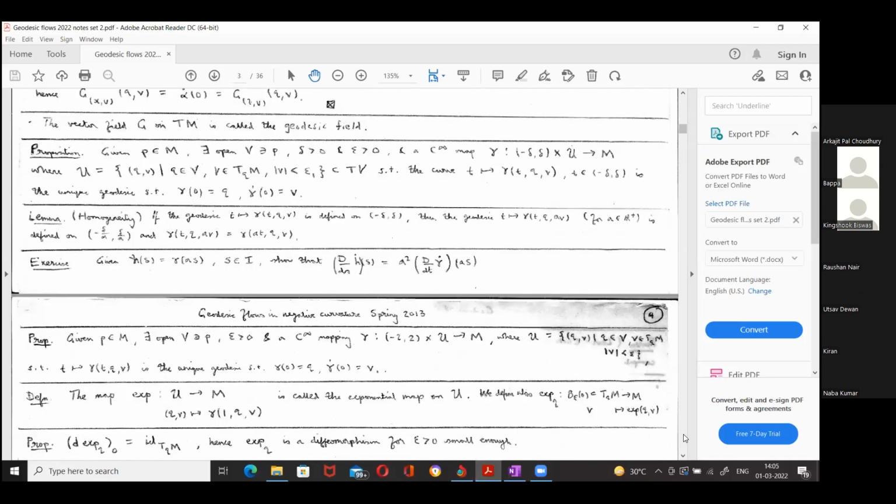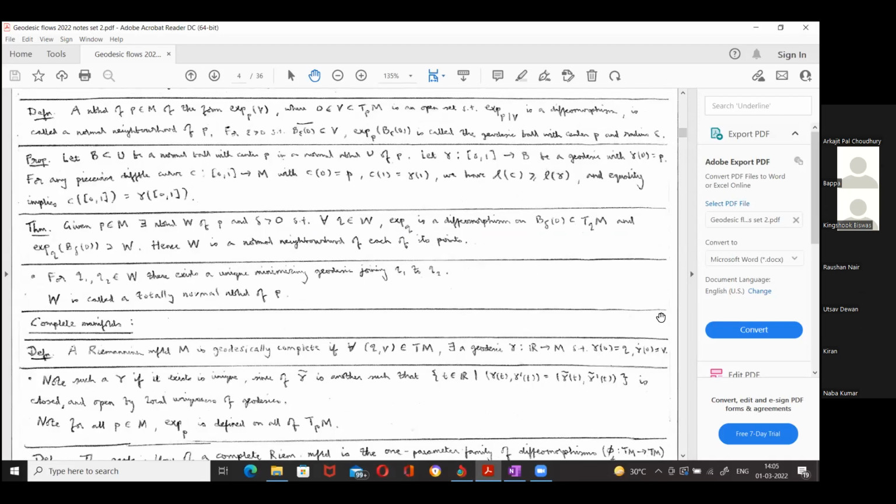So, last time we talked about the exponential map, right? And we proved this proposition at the end that if you take a normal ball in your Riemannian manifold, so that means the image of a ball in the tangent space such that the exponential map at P restricted to that ball is a diffeomorphism, then the images of straight lines through the origin under the exponential map are geodesics passing through P. Those geodesics are shortest length curves in that ball.